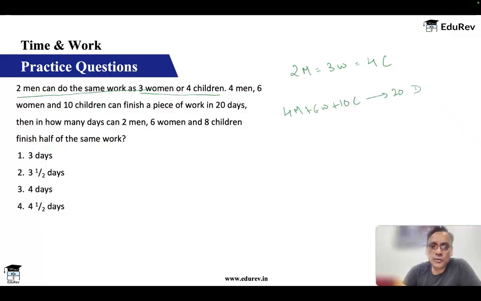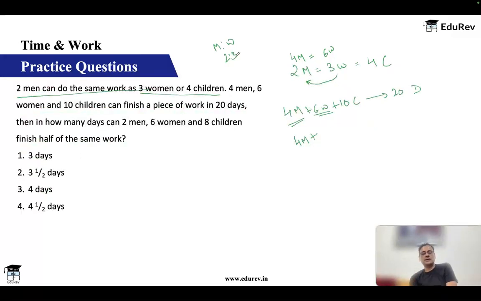Now 4 men are equal to 4 men. 6 women: 3 women are equal to 2 men, so obviously 6 women will be equal to 4 men. This is a ratio, right? 2:3, men and women in the ratio of the work. So when women are 6, obviously men have to be 4.